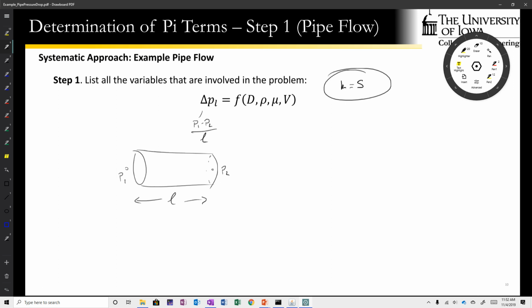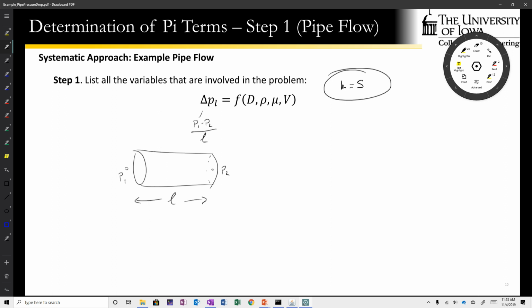Now, we'll get some more practice with step 1 later, but this is probably the hardest and is almost certainly the most important of the steps in dimensional analysis. Because you're walking up to an unfamiliar problem and you just have to pull out of your head what affects this problem. So you've got to have some basic intuition, some understanding of what's going on.